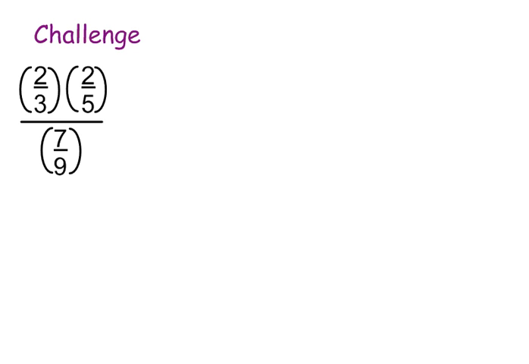Here's a challenge question. If you are up for something, extending your knowledge, working a little bit harder, remember order of operations: grouping symbols, exponents, multiply and divide from left to right, and then add and subtract. You're going to need to do this top part first. Multiply those two fractions together.